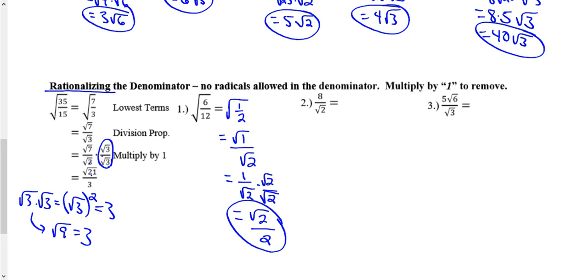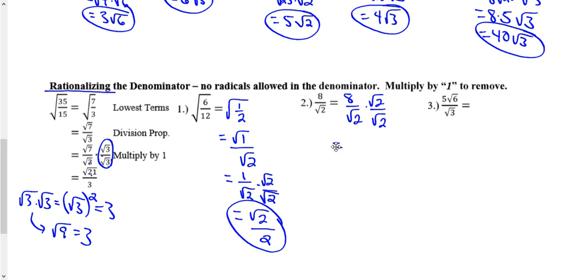Okay. Now number 2. What should I multiply by here? Huh? What form of 1? There we go. Now we're getting it. Square root of 2 over the square root of 2.